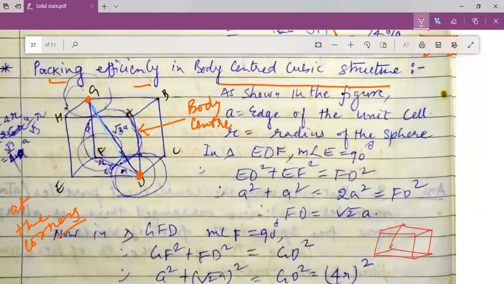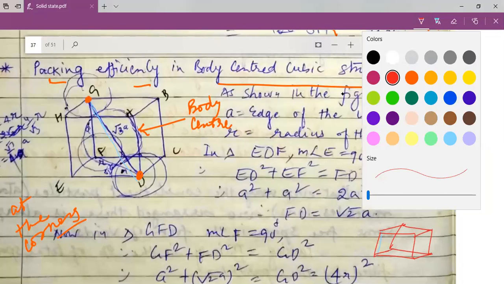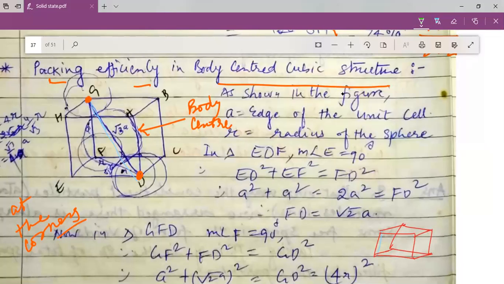Now, what kind of corners have we chosen? We have chosen this corner, and then we have chosen this corner. Please understand, these two are exactly opposite corners, and the particle present at the body center touches both these corners, and that is how we have shown this particle.